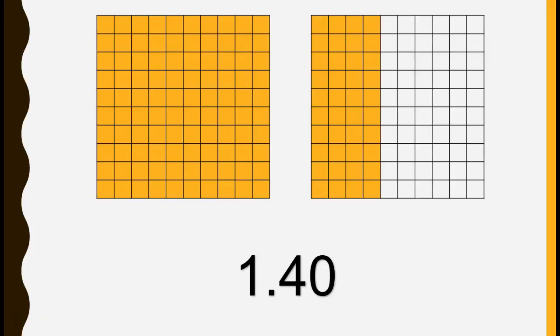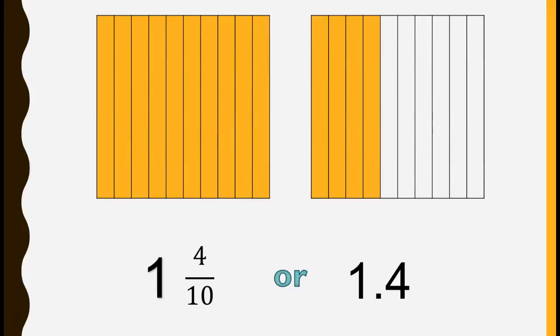Now, if you wanted to simplify that, you could just imagine that these were cut into smaller pieces, not 100 pieces, but instead just 10. It would be 1 and 4/10. Either way, all right. So I'm going to let you try this one.